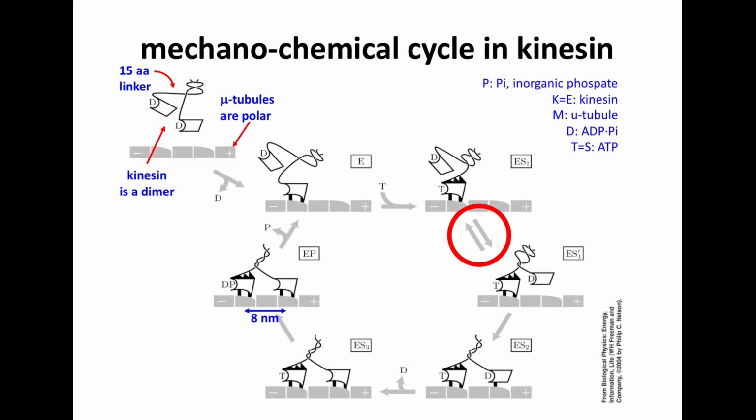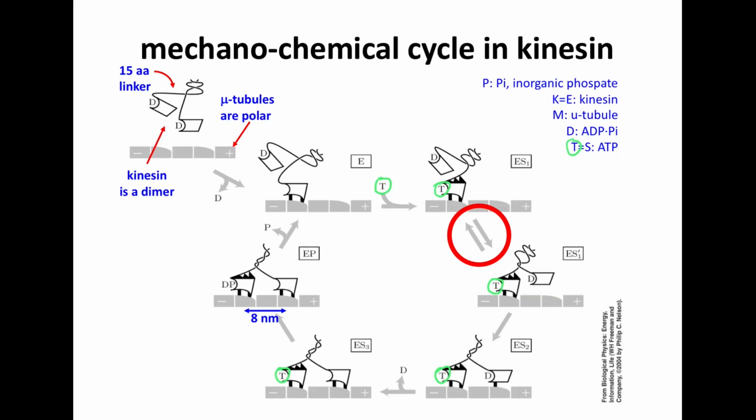Now what will happen is there's an enzymatic reaction going on, and the ADP will leave and the ATP will bind. That will make a strong binding of one foot of the motor to the microtubule.